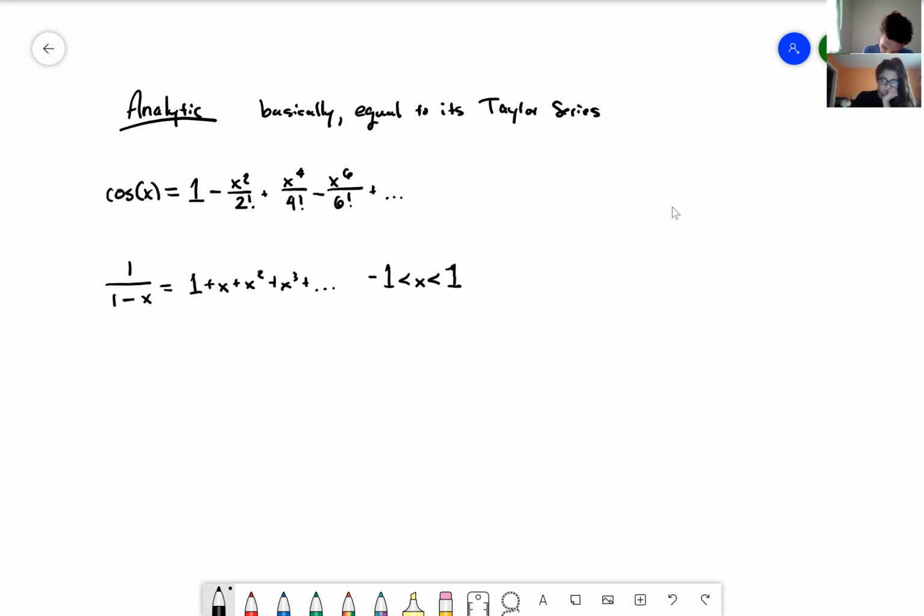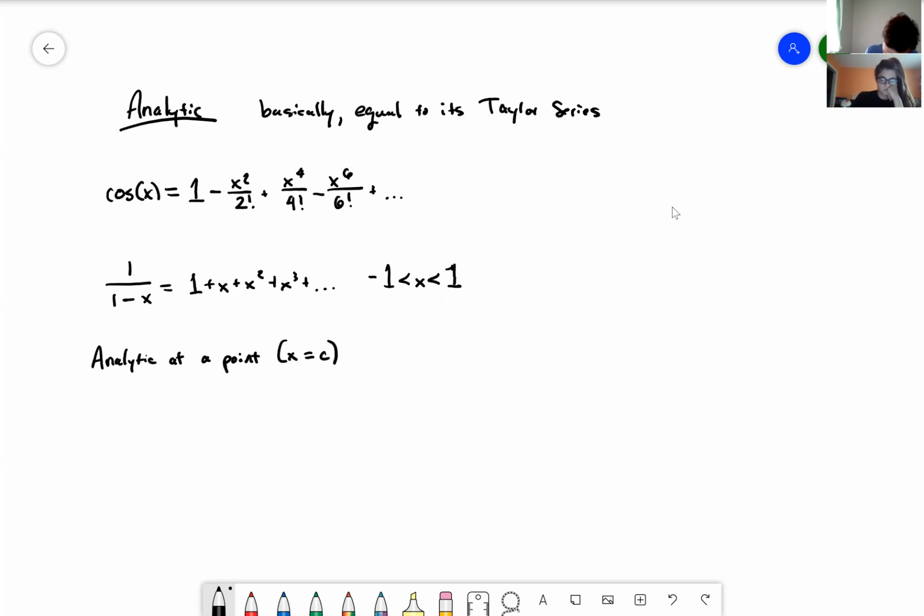And so in this situation, we could say it's analytic where it converges, or we could introduce a slightly refined version of this definition, which is that it's analytic at a point, x equals some value, let's say c.